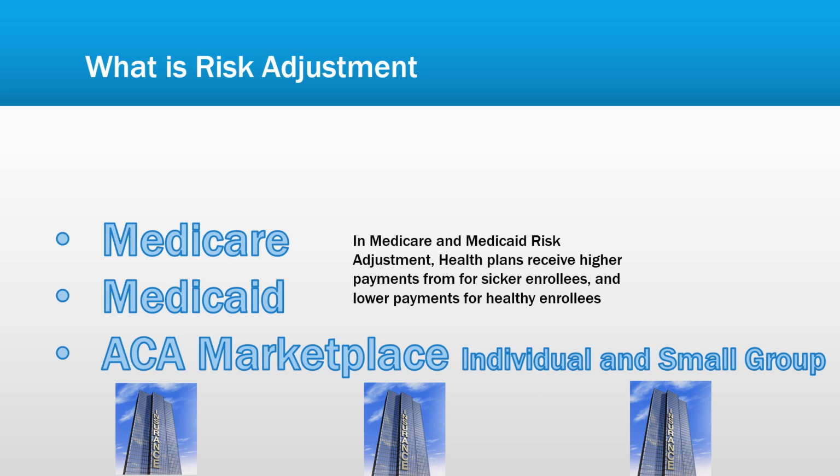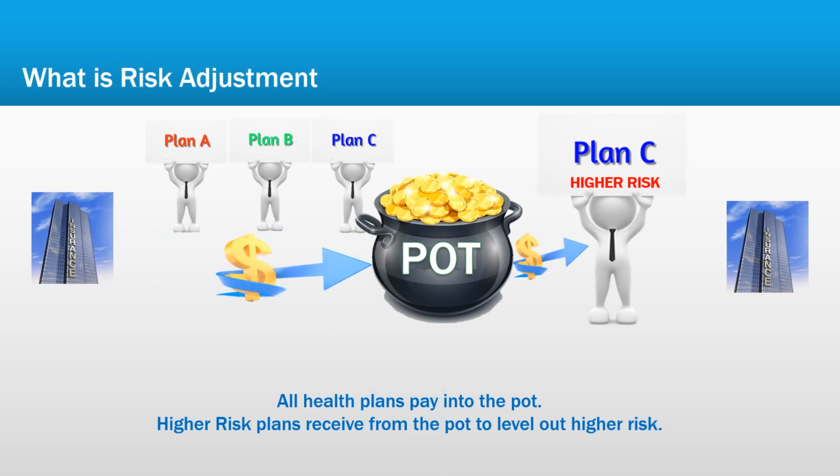Okay, and in the ACA, or the Affordable Care Act marketplace and individual small groups, now we've got these insurance carriers covering the population. Okay, and this works a little differently. So let's take a look at this. In commercial, all these carriers that sign individual policies or even small group policies, you've got Plan A, Plan B, Plan C, right? And they're all writing policies under the guidelines of the Affordable Care Act, all right?